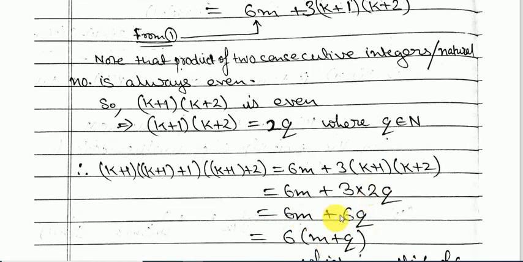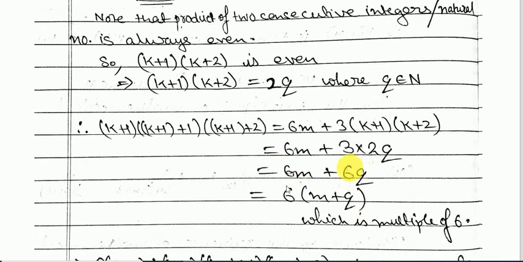Now 3 times 2q gives 6q, so you got 6m plus 6q. Now 6 is common in both, so 6 comes out, and you get 6 into m plus q. Now you can see that you have been able to show that when you take the statement for k plus 1, you are getting something which is a multiple of 6.